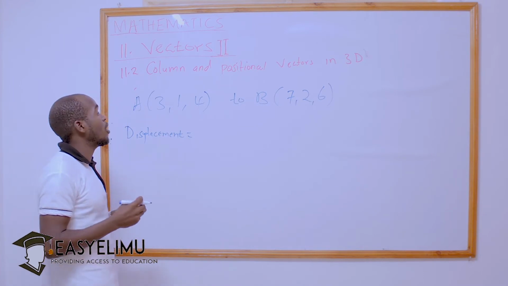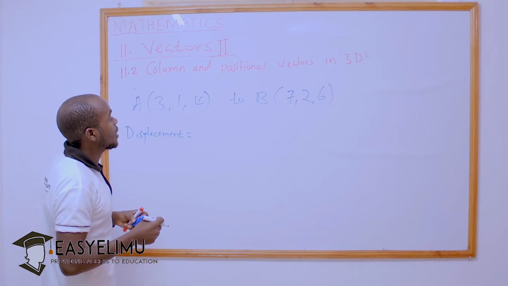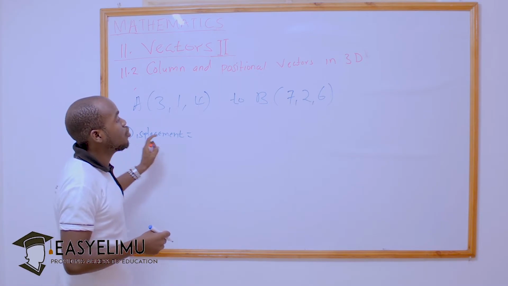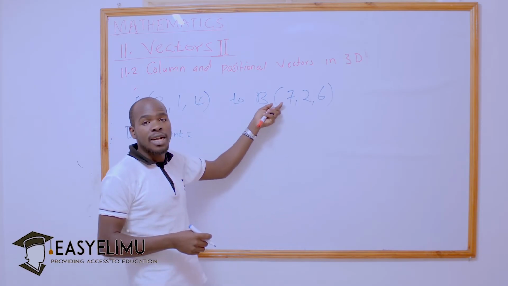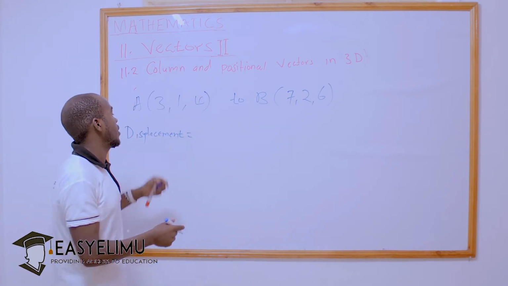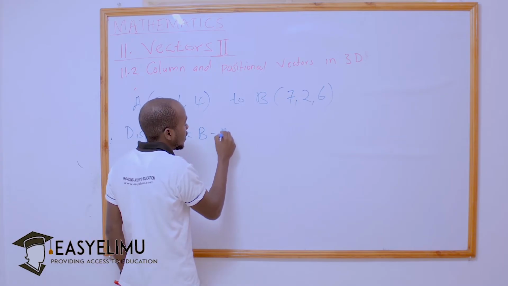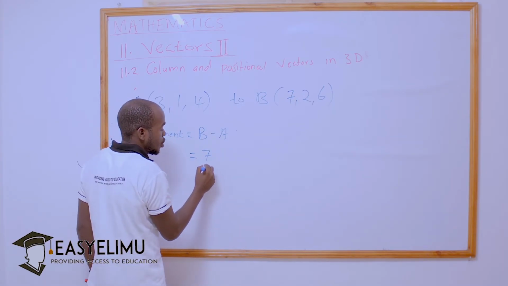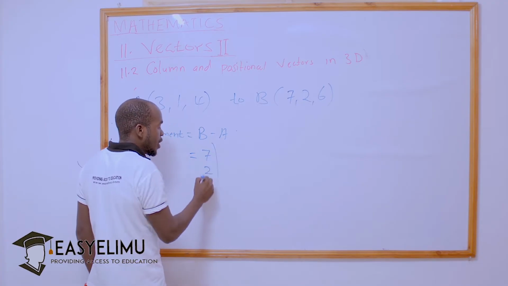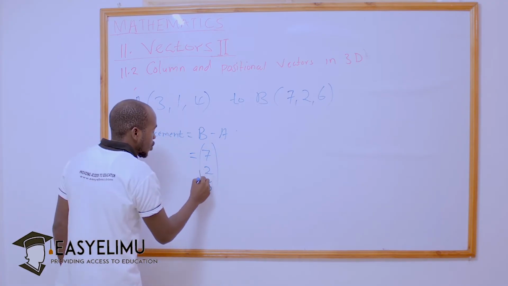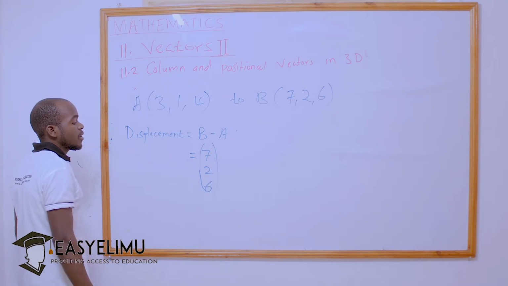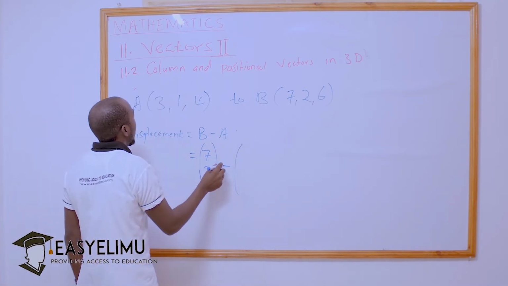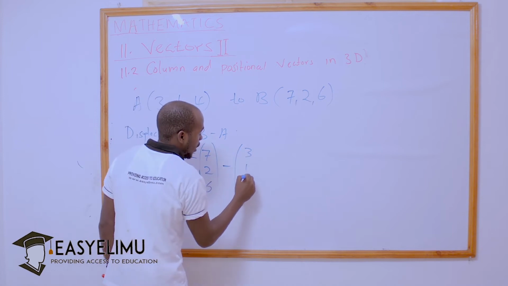And if you write in column coordinates, you will find that we are going to find the displacement, and displacement will be, you take displacement of B, that is B minus A. So we shall take B minus A. And if we do that, we are going to have 7, 2, 6. If we write them in a column way, it will be 7, 2, 6 minus, we are going to minus that of A, and that is 3, 1, 4.